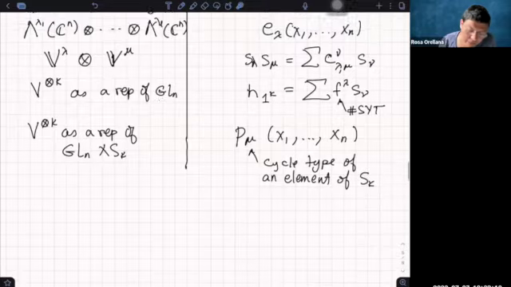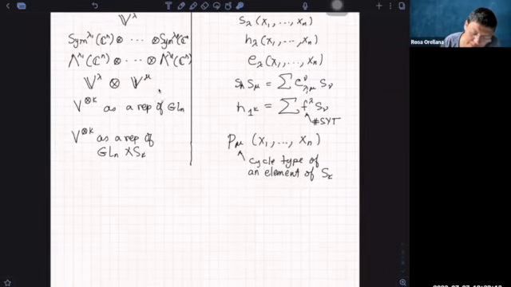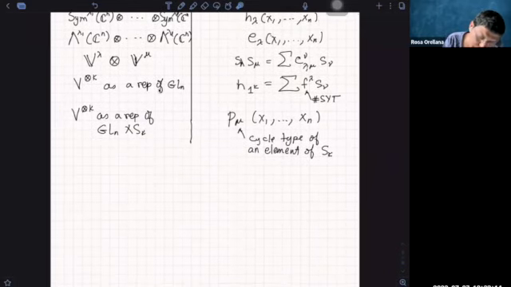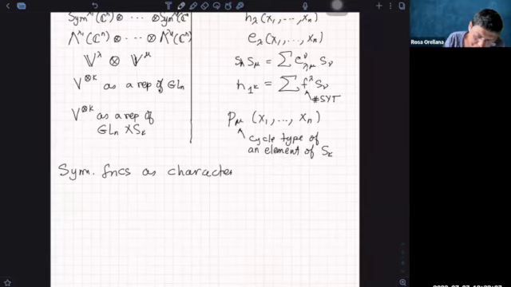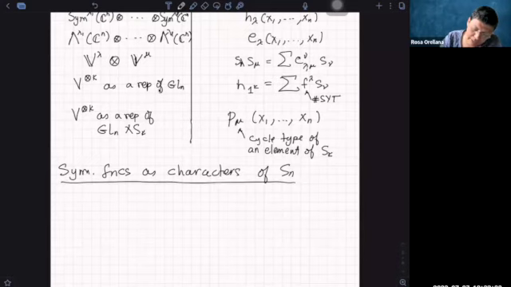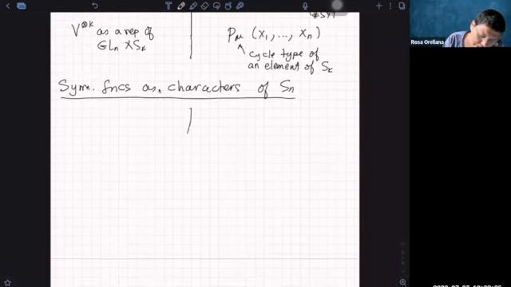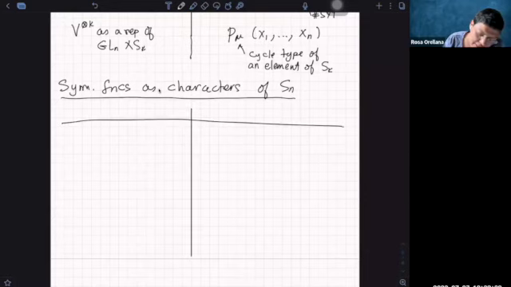So now let's compare this table and try to create a similar table of what we have told you this week, for the symmetric functions as characters of S_n, the symmetric group, when it is viewed as contained in the general linear group. So we can create the same table.